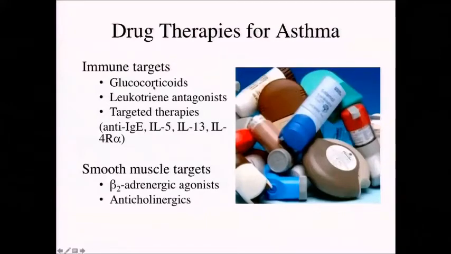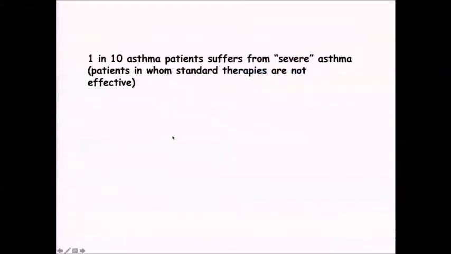Of course, we've been using glucocorticoids for a long time. Actually, only 50% of patients with asthma benefit at all from glucocorticoids, but we still keep giving glucocorticoids to all of our patients. And then there's been a lot of effort to develop leukotriene antagonists, which have helped, and targeted therapies targeting Th2 immune responses. But about 1 in 10 patients with asthma worldwide suffer from what's called severe asthma.